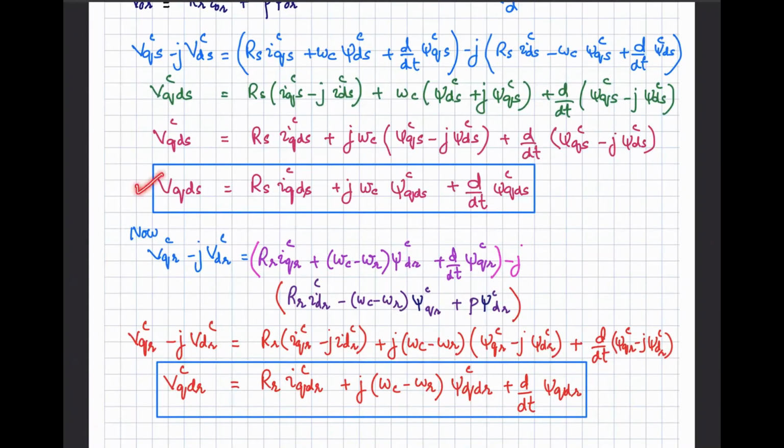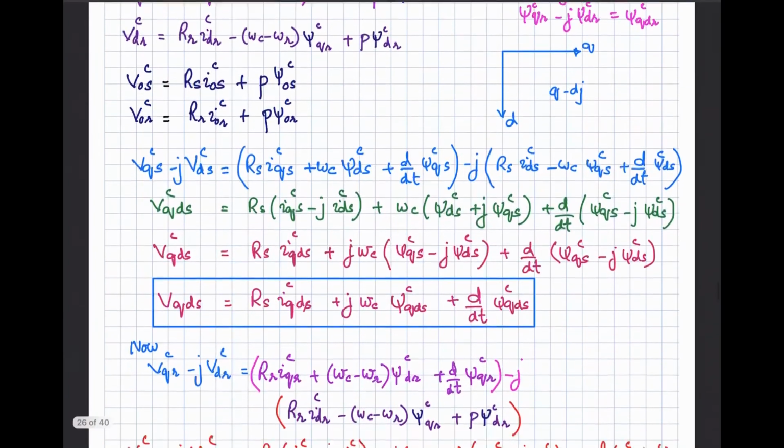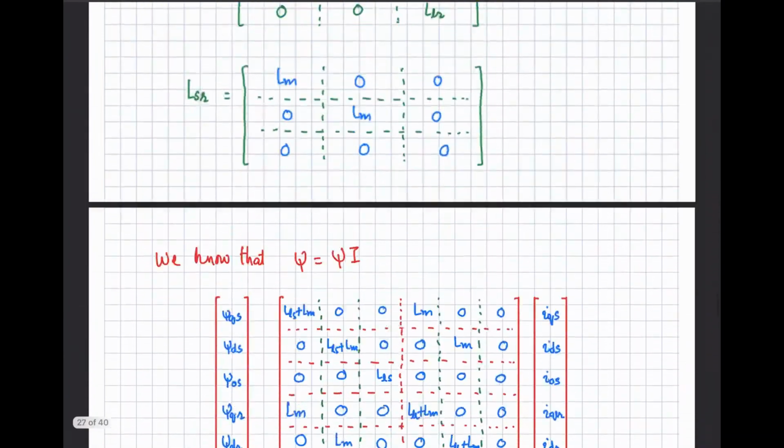Those relate your VQS, VDS with the currents. The voltages and the currents are related, rotor side and the stator side, both. We've also developed the matrix form.